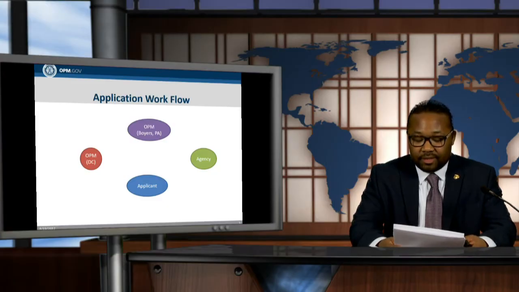Now, if the applicant is separated from the agency prior to applying for disability retirement, the applicant submits their application directly to OPM. The applicant can submit an application within 1 year of separating from the agency. We will reach out to the agency and/or the National Personnel Records Center for the documents.